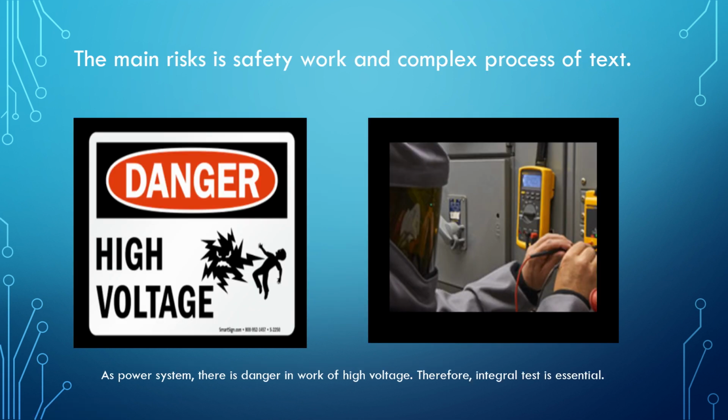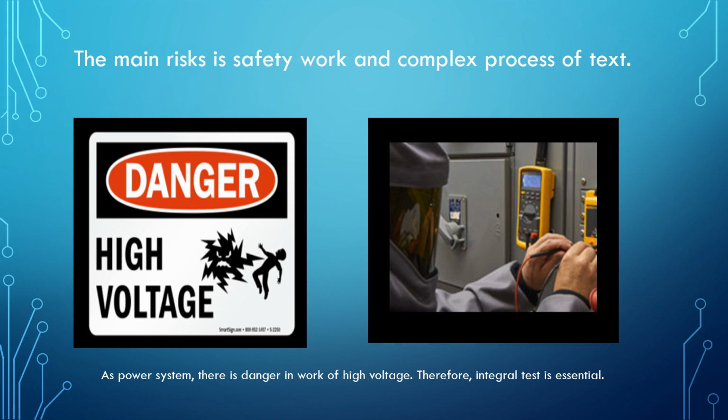Next, let's do the risk analysis. Because this is a big power system, it can be dangerous. The environment has high voltage, which could threaten people's health. This is a main risk. Another one is testing. Because the environment is dangerous, the testing should be complex, and we have to do a lot of preparation for the test.